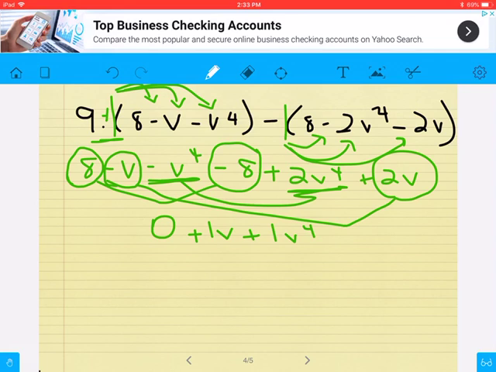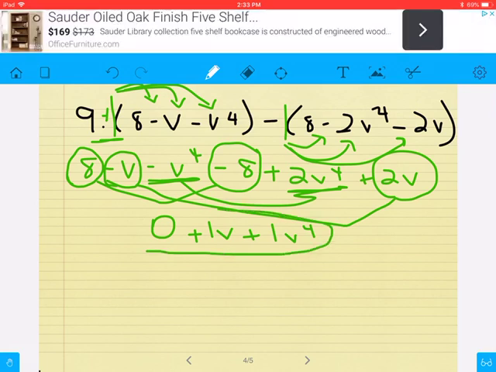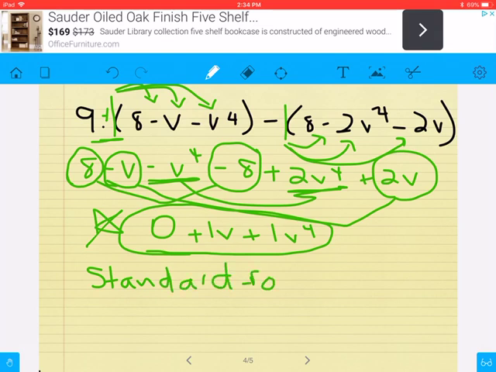Last but not least, because this is technically a correct answer, we could leave it written like that if we wanted to, but let's go ahead and simplify that into standard form, which means that our highest exponent is going to go first.